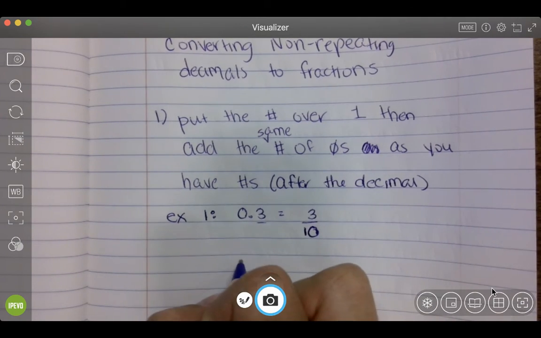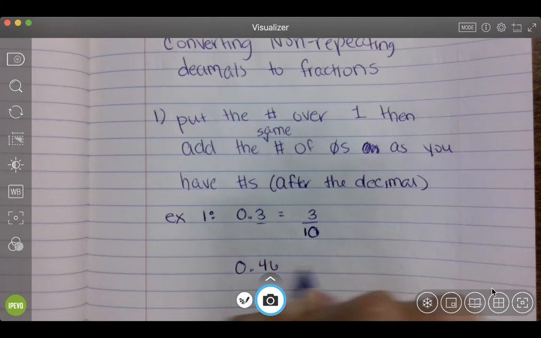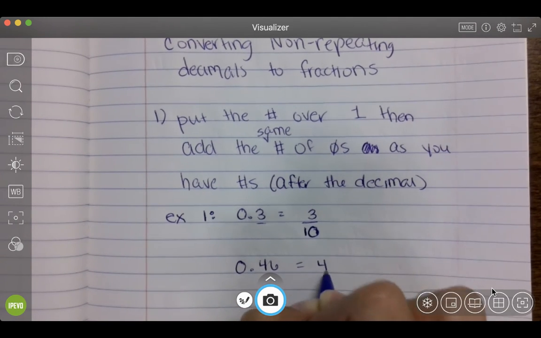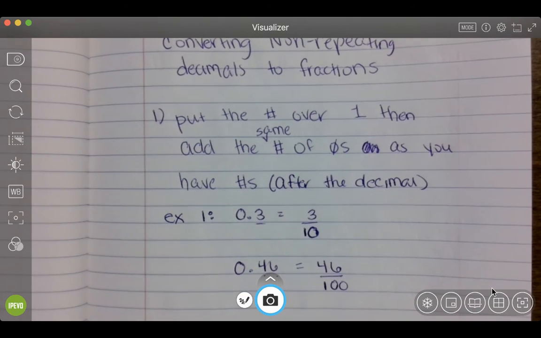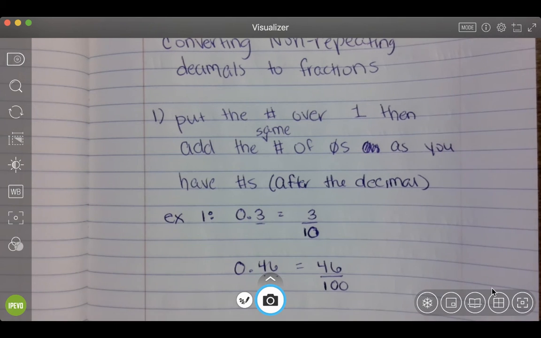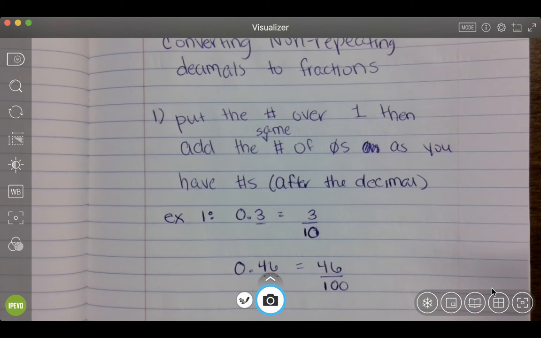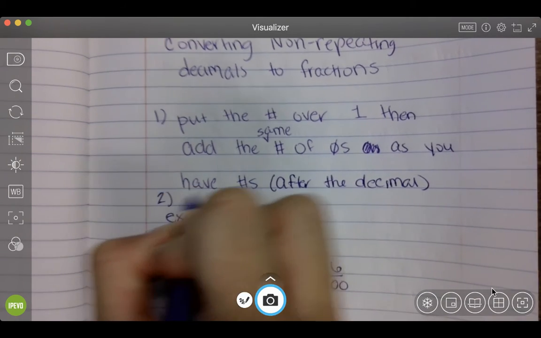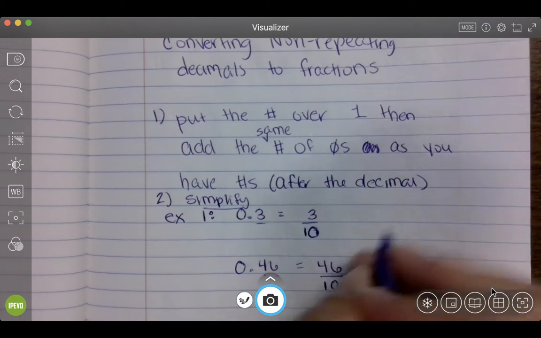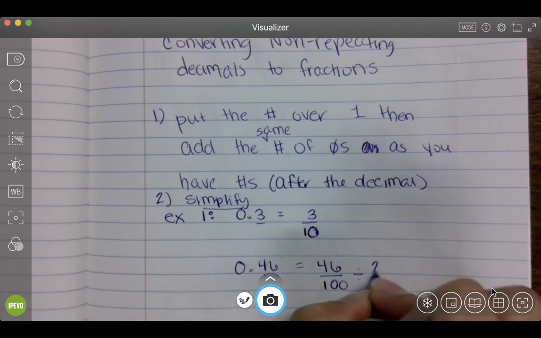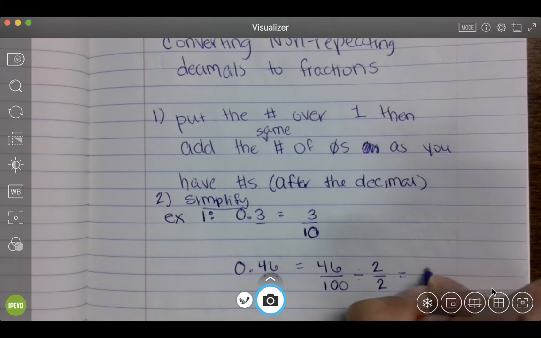Whereas if you had 0.46, I would take the number, put it over 1. I have 2 digits after the decimal, so I would have 2 zeros after it. Make sure that you simplify, right? Our last step is always going to be to simplify. So this, I can divide both of them by 2, which should give me 23 over 50.